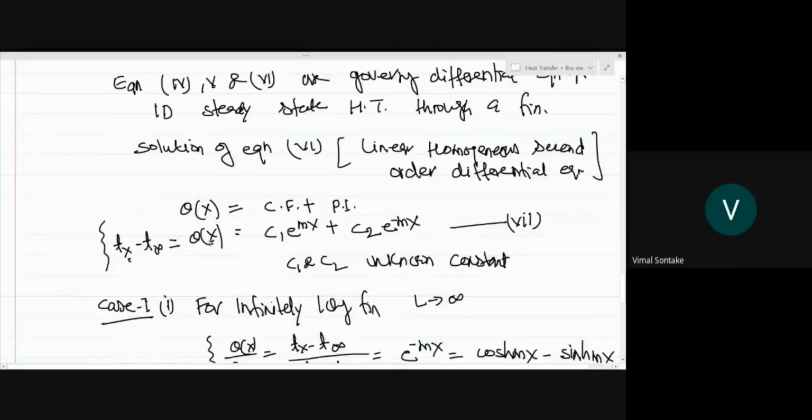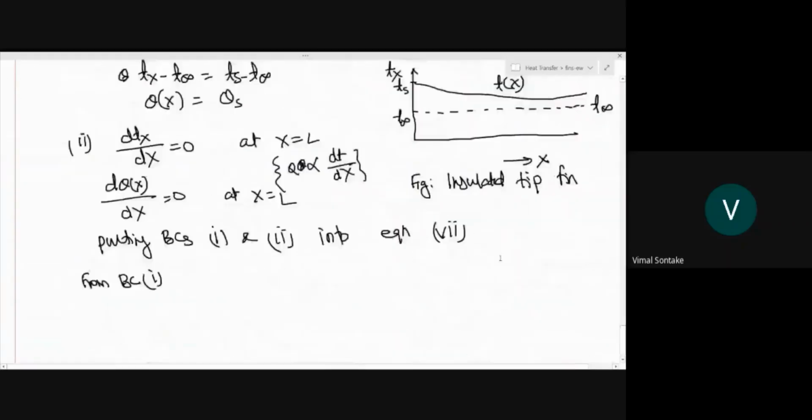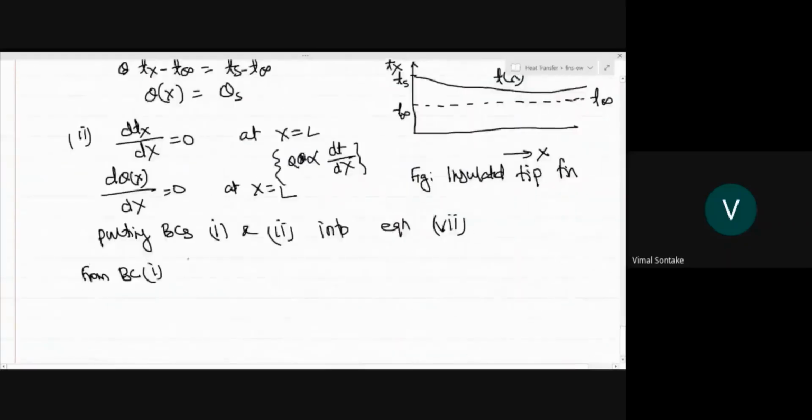Left hand side will become theta s and right hand side will be C1 plus C2. So let us do this. Theta x equal to C1 into e to power m into 0 plus C2 into e to power minus m into 0. E to power 0 will be 1.